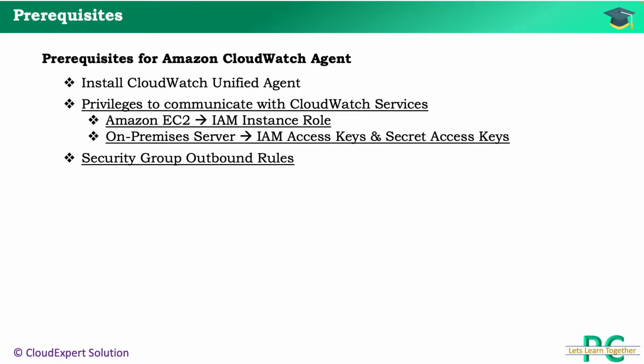And the last part, the security group of that EC2 instance should allow outbound connection so that the CloudWatch agent will be able to communicate with the CloudWatch service in AWS Cloud.